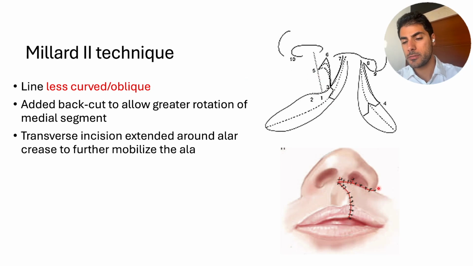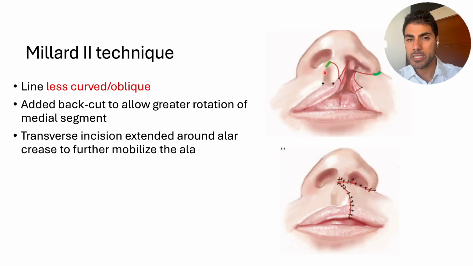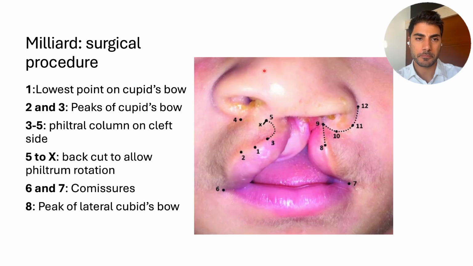And he also added a transverse incision under the nasal aspect. So we can see this is the Millard 2 technique. This is a higher incision. It does not directly cross the middle of the philtrum, and also this is the back cut that was added.